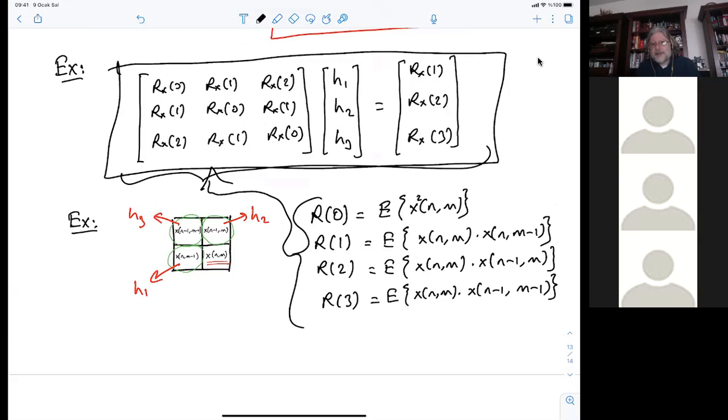You define them to be like this. You substitute into this top equation and solve for it, and you will find H1, H2, and H3. And those H1, H2, and H3 you will use here, here, and here for two-dimensional predictive coding purposes.